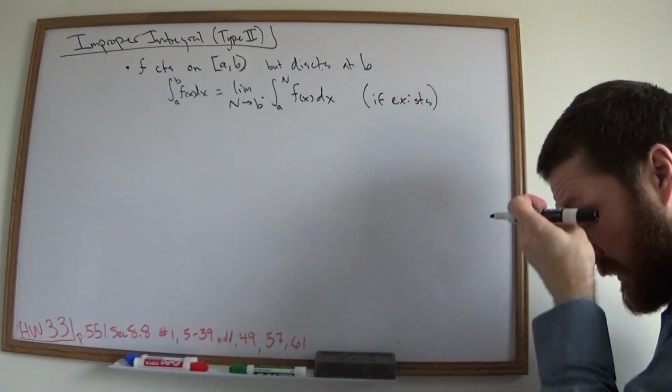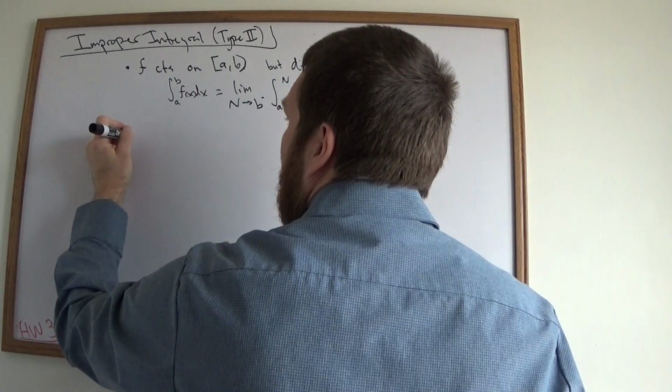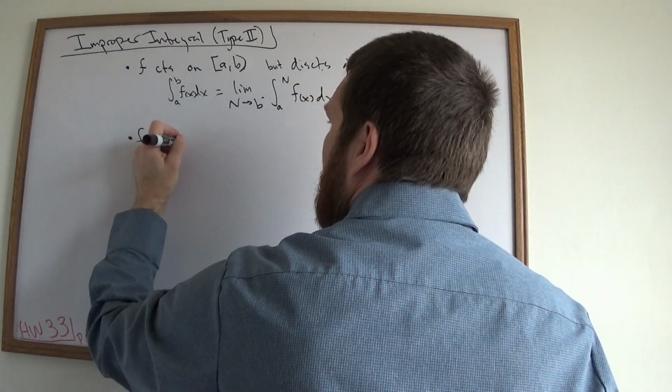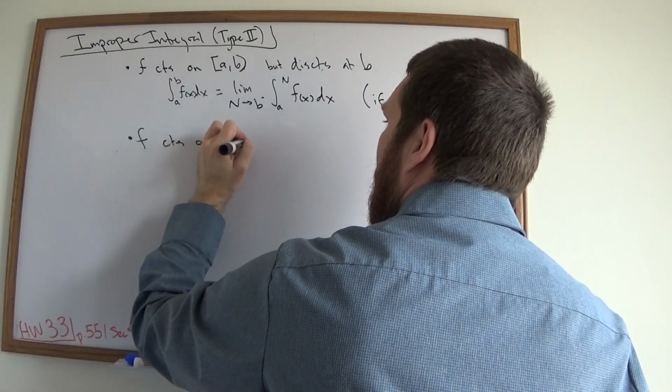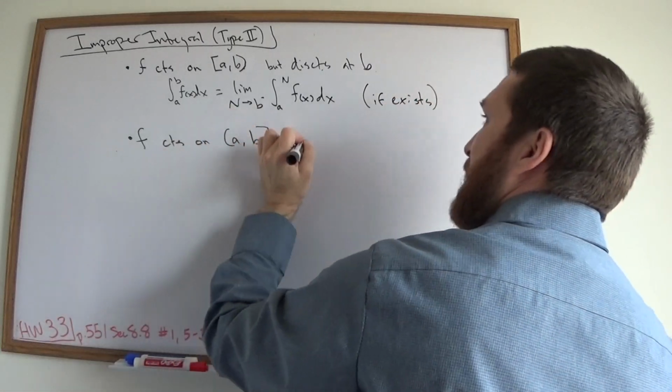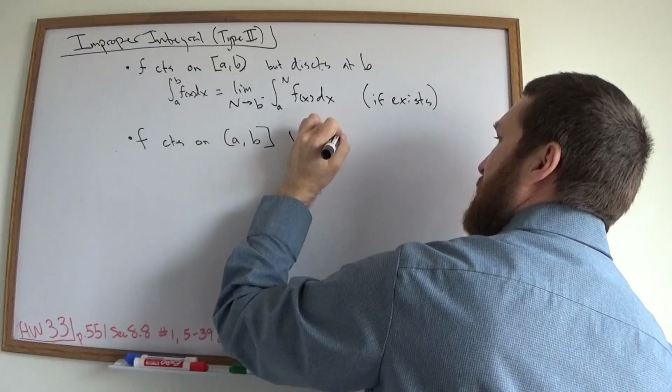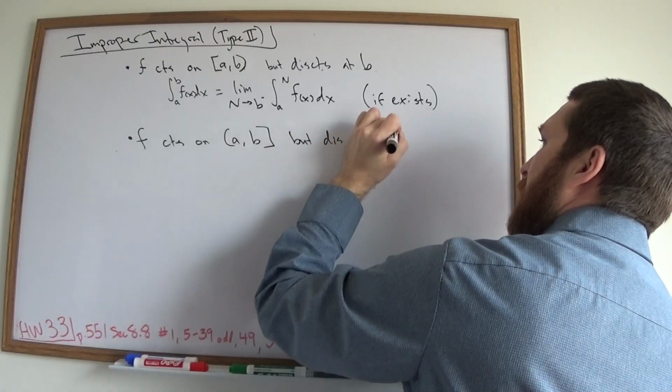Okay? Now, suppose that f is continuous on (a, b], but discontinuous at a.